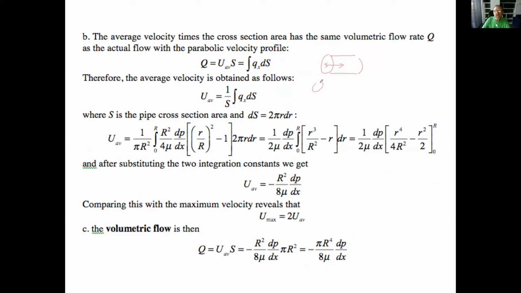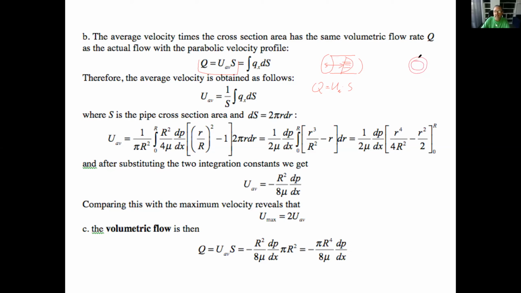Remember, Q was the flow rate, which was U average times the area. So here it is, that's what it is. But here we have a velocity profile, so we need to integrate slice by slice, over ds. But the ds, remember now, is going to be slices of little bagels.